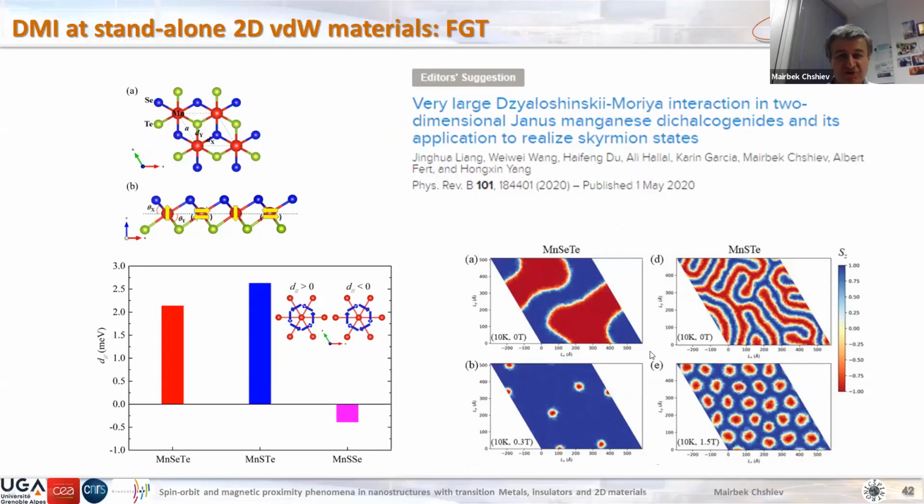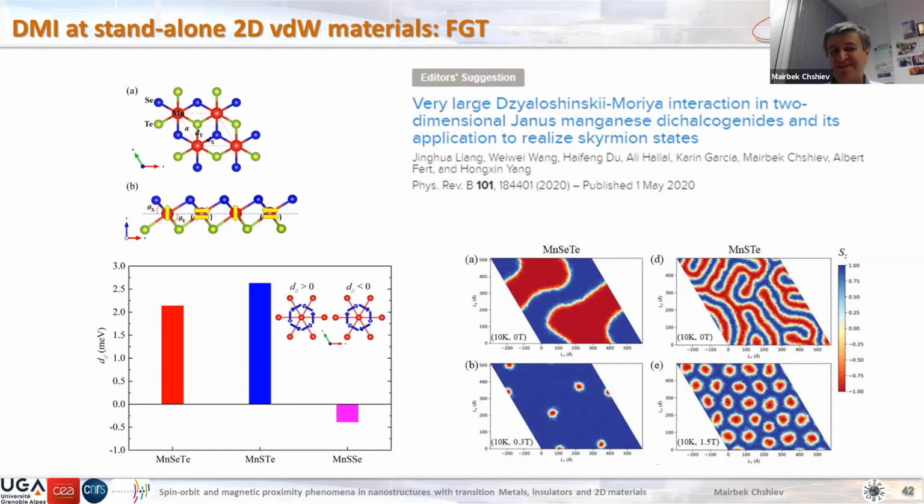Let me briefly mention a very recent work published in collaboration with Hongxing Yang in Ningbo and Albert Fert and other colleagues. Can we think about DMI in standalone materials? I was always talking about interfaces because you need inversion symmetry breaking, right?